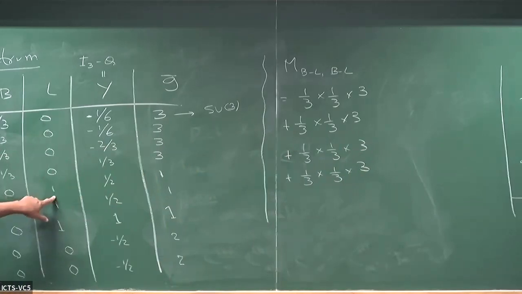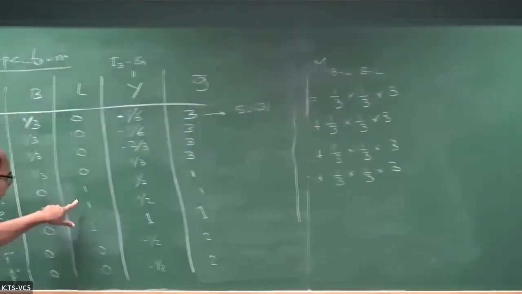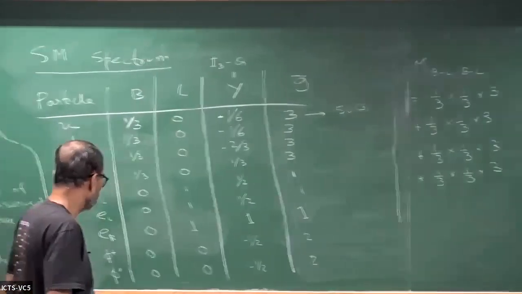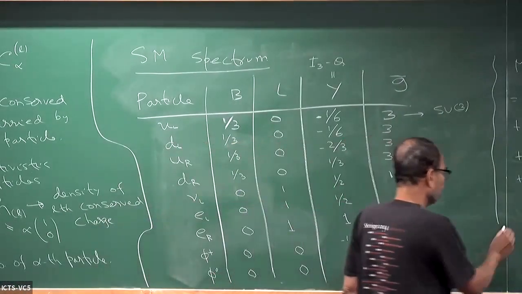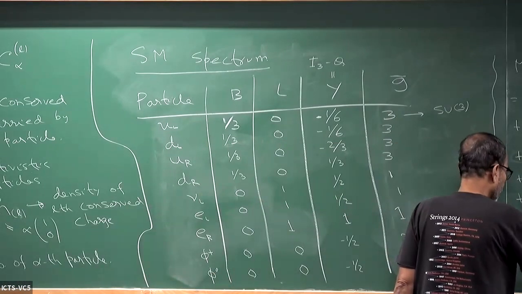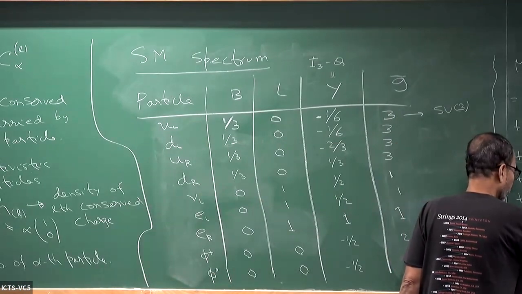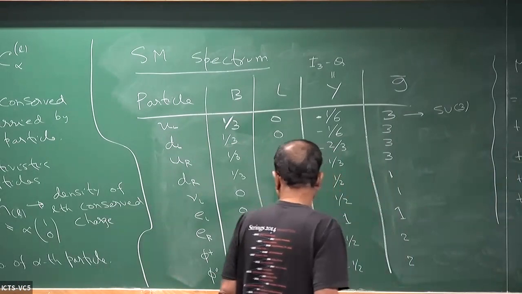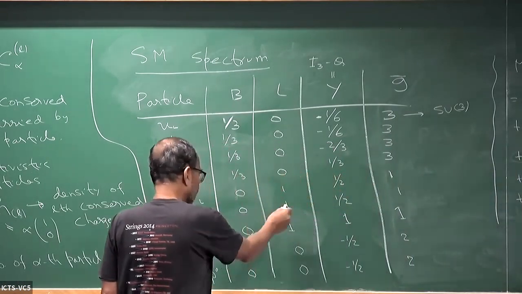Nu L has B minus L equal to minus 1, because B is 0, L is 1. So plus minus 1 times minus 1 times 1. EL is the same.